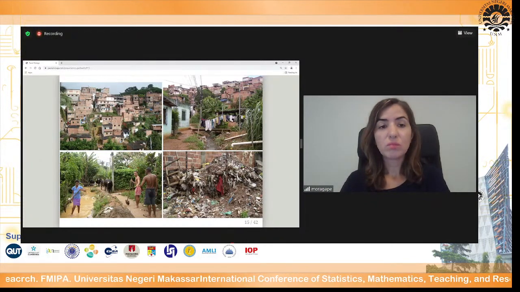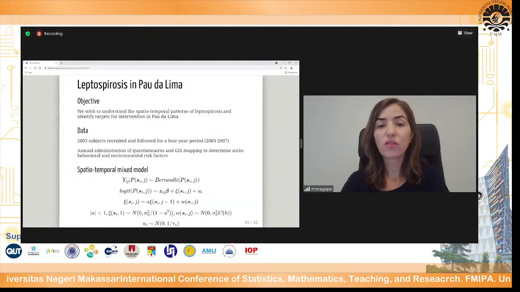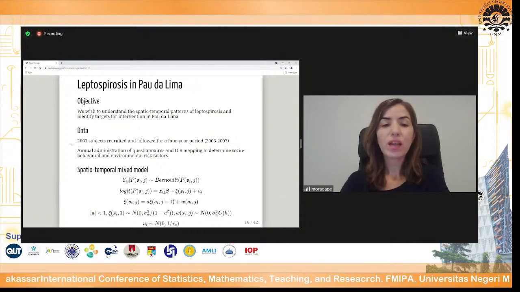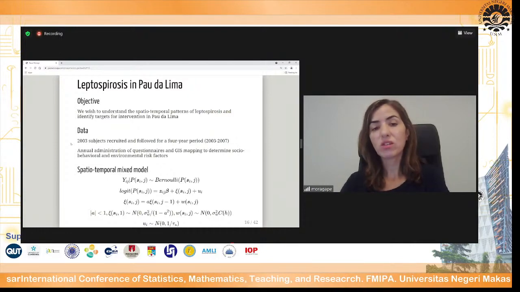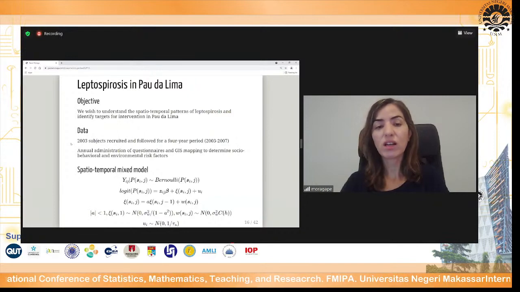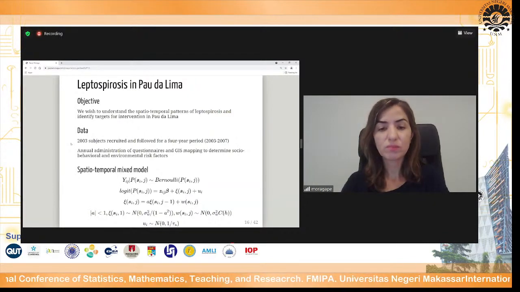So our objective was to understand the spatiotemporal patterns of leptospirosis and identify targets for intervention in Pau da Lima. We recruited 2,003 subjects and followed them for a 4-year period. And each year, we administer questionnaires and GIS mapping to determine social, behavioral, and environmental risk factors.